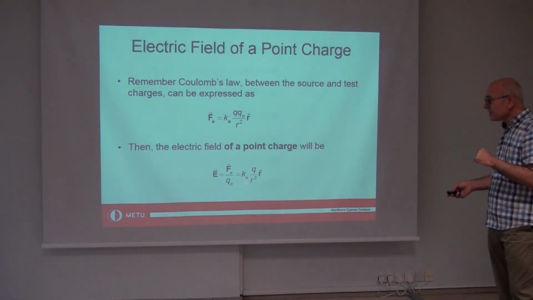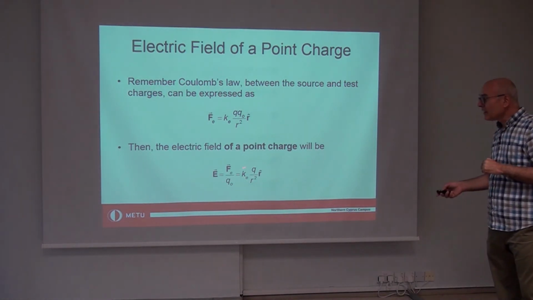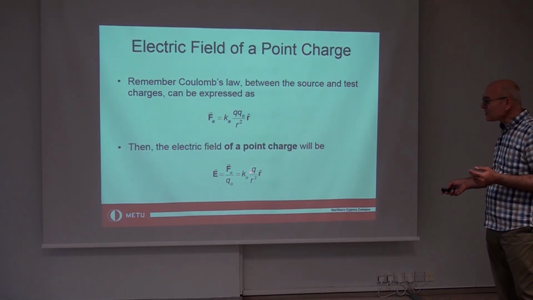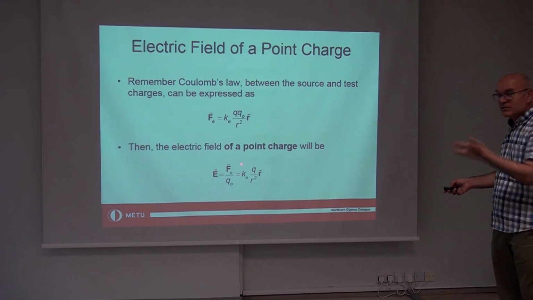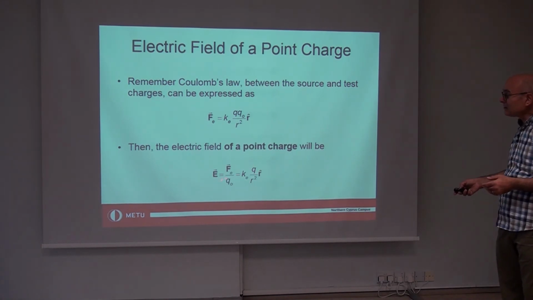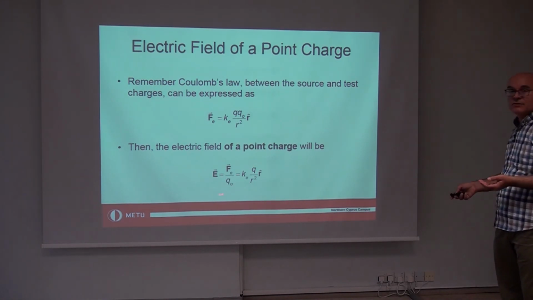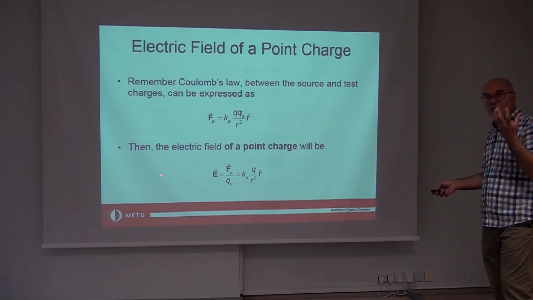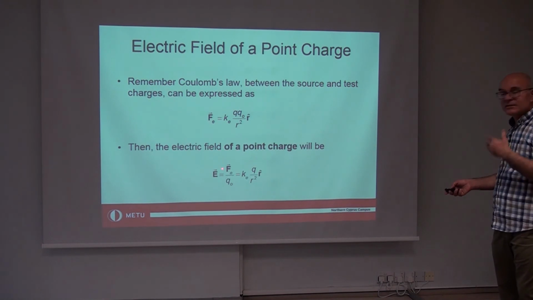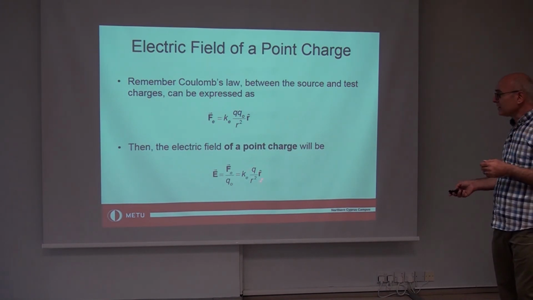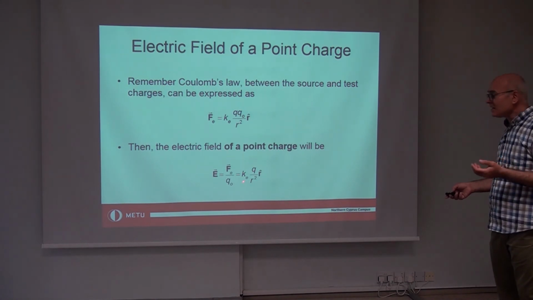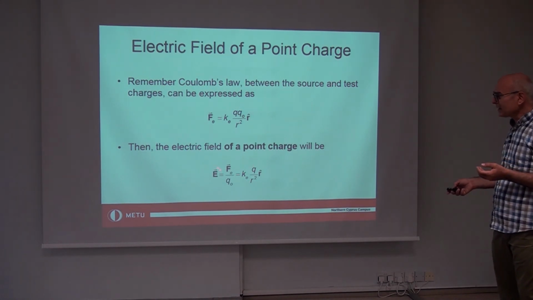Okay, so this is the meaning of that. Here it's quite evident that the electric field depends only on the source charge, as we have always been saying, and it is independent of the test charge. The test charge cancels out here. So the field is a property of the source charge. This expression is a vector expression, and it gives you the electric field vector.